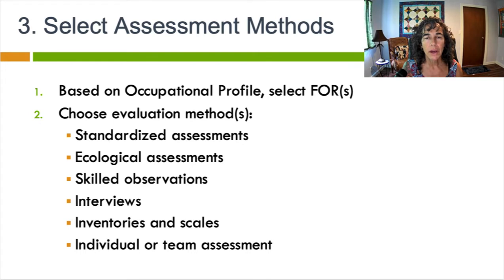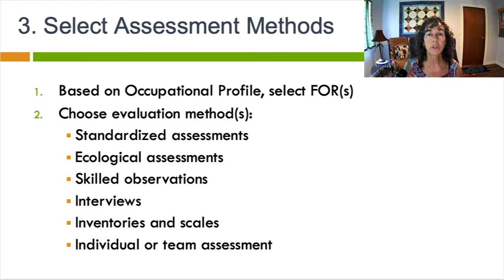There's a lot of different types of evaluation methods and assessments. They're based on the occupational profile and selecting frames of reference. So going back to our theory lecture, right? So we choose the methods: standardized, ecological assessments where the child is in an environment and we're watching, skilled observations.